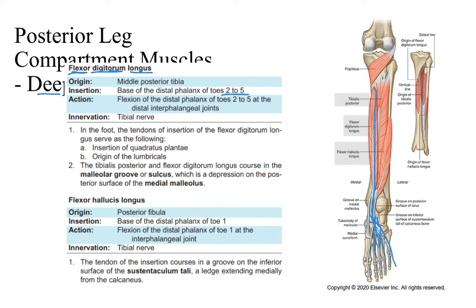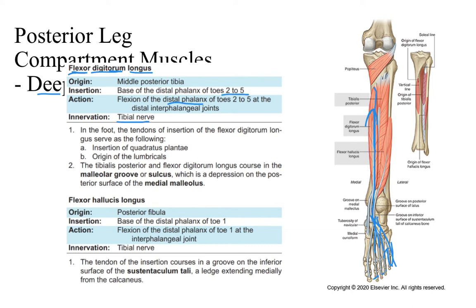So its function, when it contracts, is going to pull. So the insertion is here at the base of the distal phalanx, right? So it's going to basically curl your toes inward, all right? So curl your toes down as if you were trying to grab the floor. And as you would expect, the tibial nerve supplies innervation.